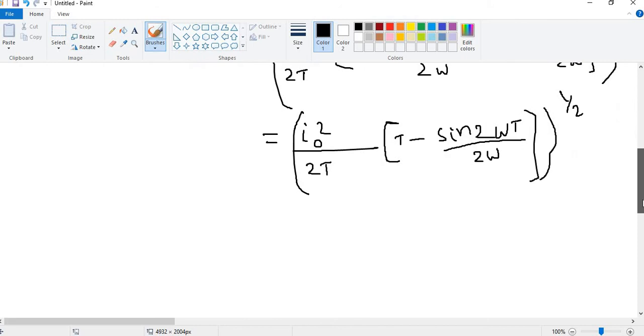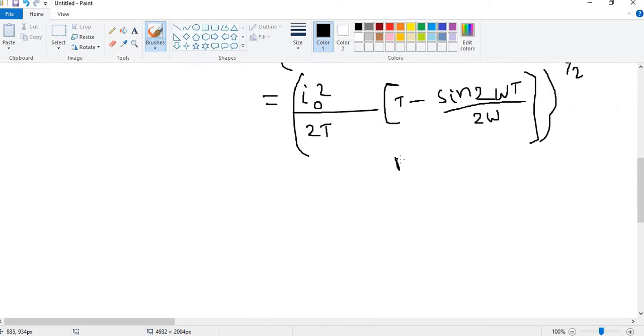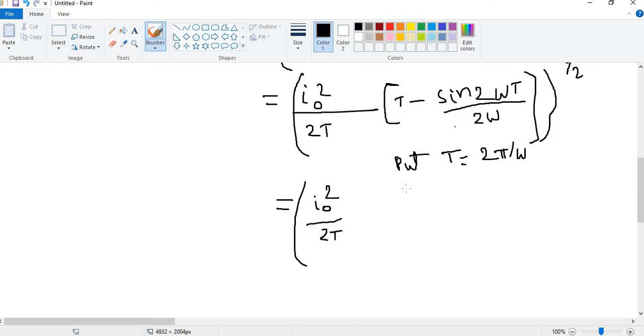Now we have to put again capital T is equal to 2 pi by omega, that we know, so put T is equal to 2 pi by omega. So now what will our formula become? It will become I naught squared by 2t, and it is t, so we are going to put t.